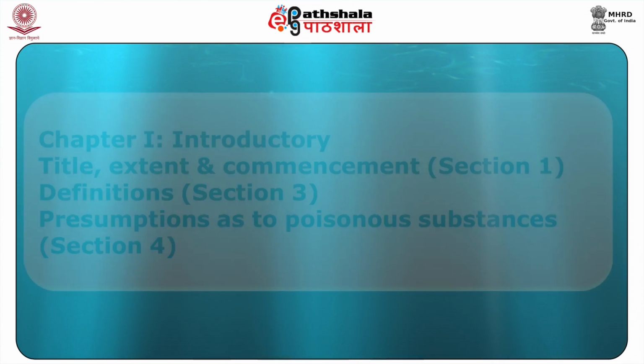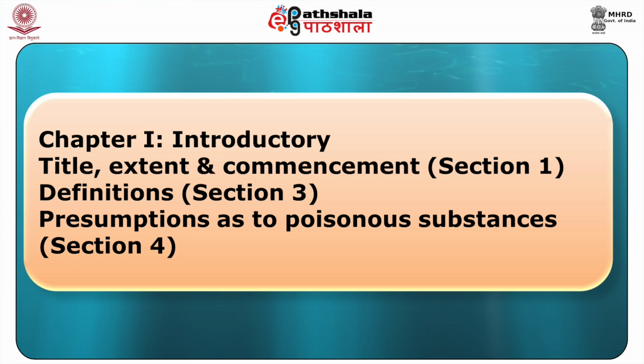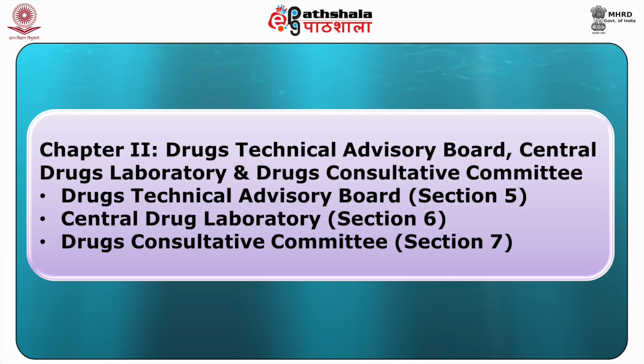If we try to see the chapter wise contents of the Drugs and Cosmetic Act, they are: the first chapter is introductory, where the title, extent and commencement are in section 1, followed by definitions which are given in section 3, and the presumptions as to poisonous substance are given in section 4. The second chapter deals with the Drugs Technical Advisory Board, the Central Drugs Laboratory and the Drugs Consultative Committee.